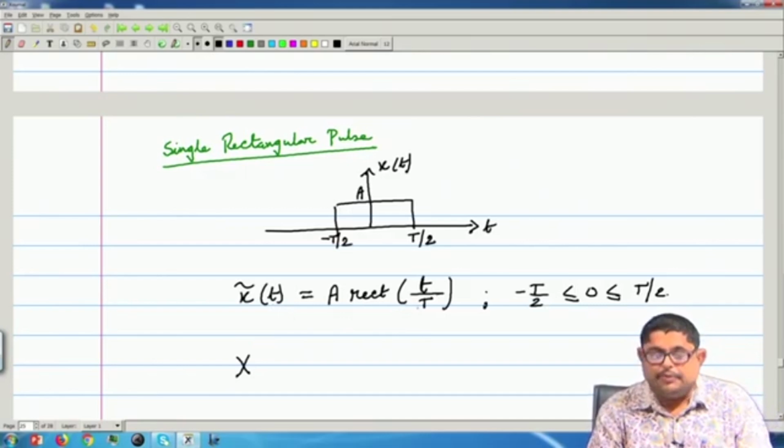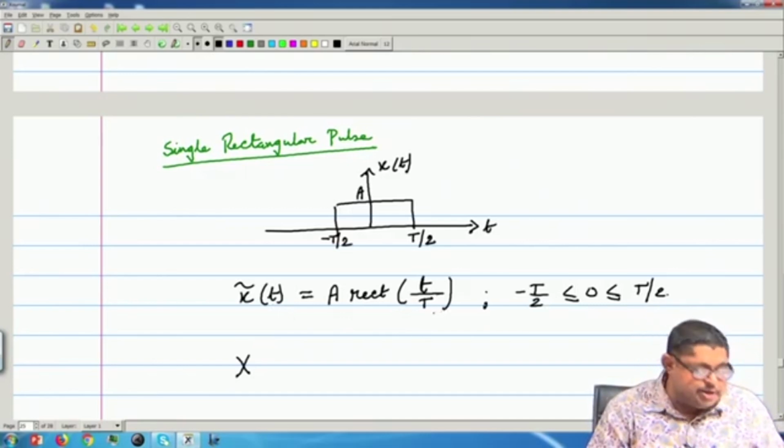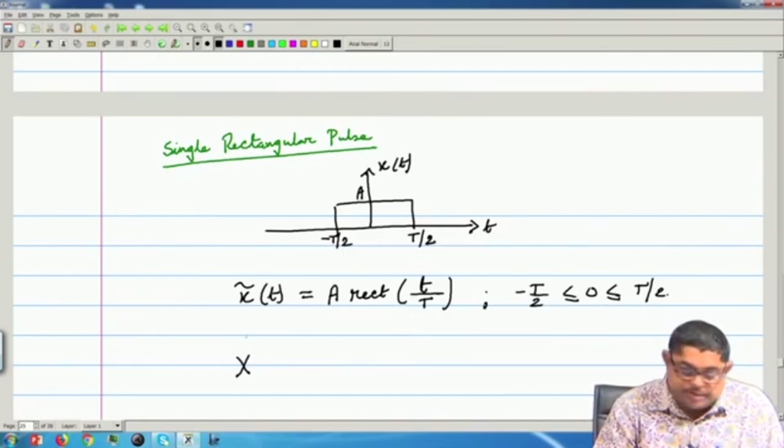Actually you can calculate from this directly, but we can calculate the thing also in the spectrum domain, it may become easier.